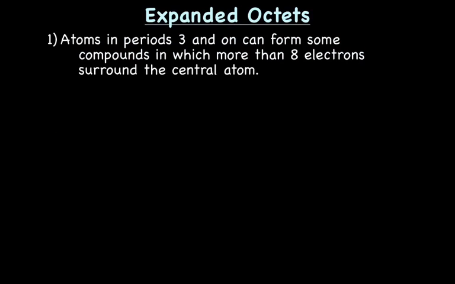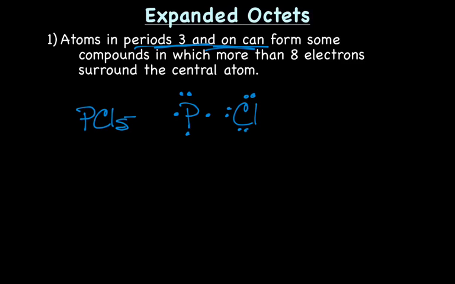Expanded octet. Some atoms in periods 3 and on can form some compounds in which more than 8 electrons surround the central atom. So how about for an example, PCl5. Okay, phosphorus has 5 valence electrons, and the chlorines, I'm not going to draw all of them, have 7 valence electrons.